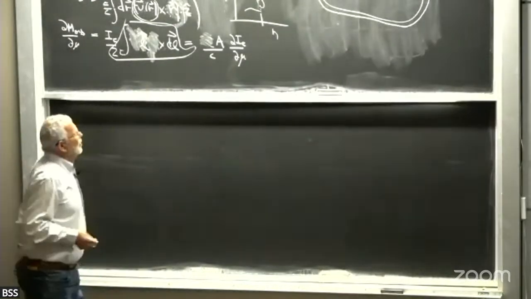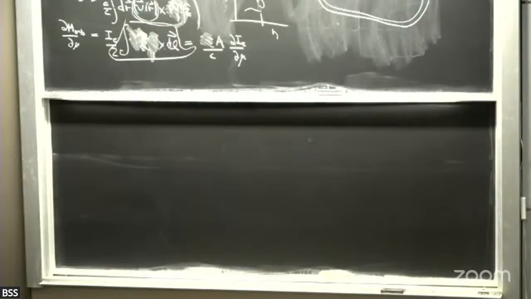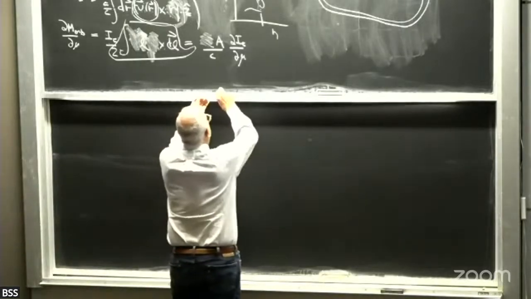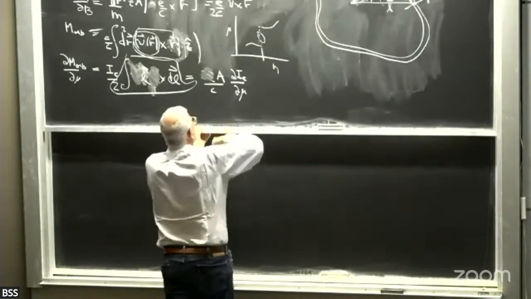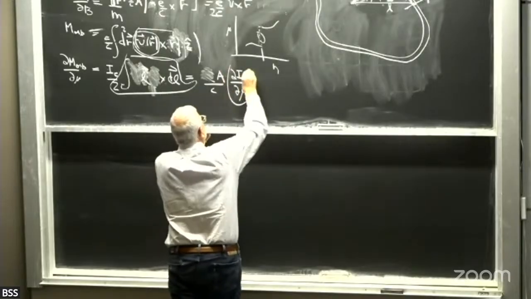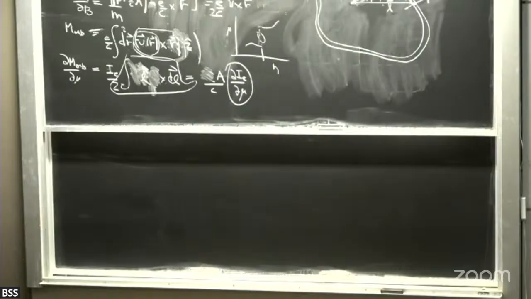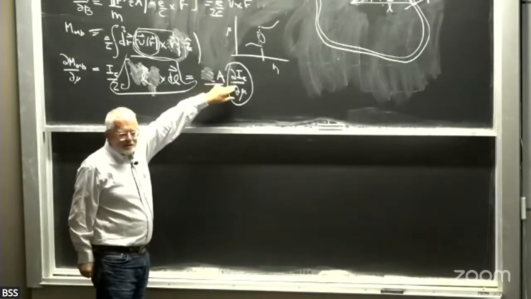And what I want to claim is that when people measure the quantum Hall effect, a fully developed quantum Hall effect, which, as you know, is an example of dissipationless transport, what they're really measuring is just this thermodynamic quantity.